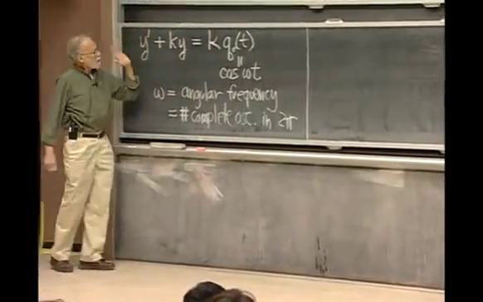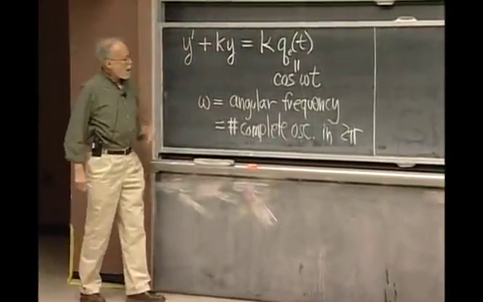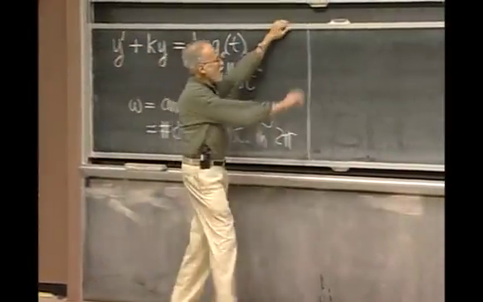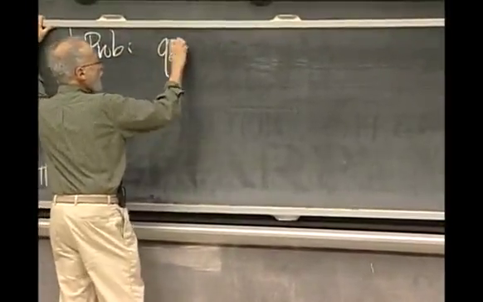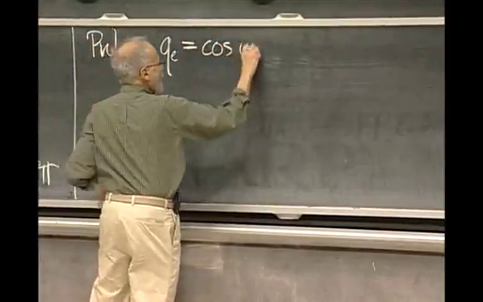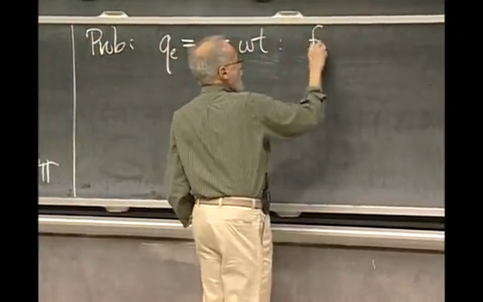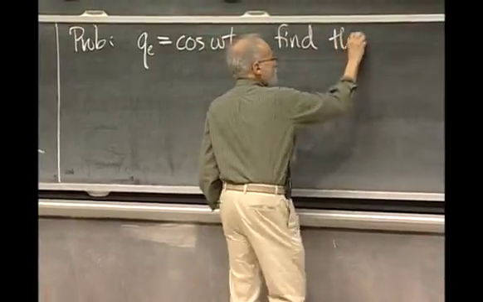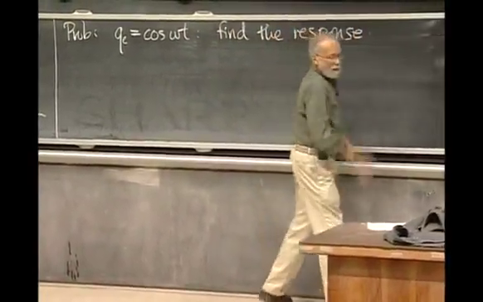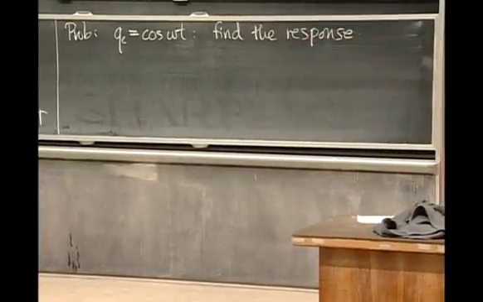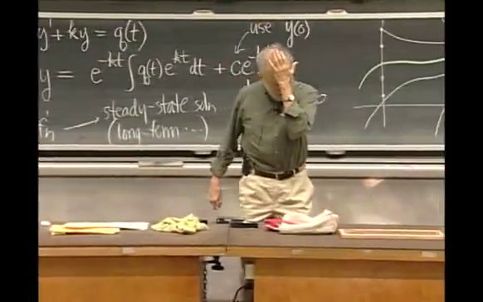Now, what I'm out to do is this: for the physical input q_e, cosine omega t, find the response. In other words, solve the differential equation. In short, for the visual that you looked at, I've forgotten the colors now.